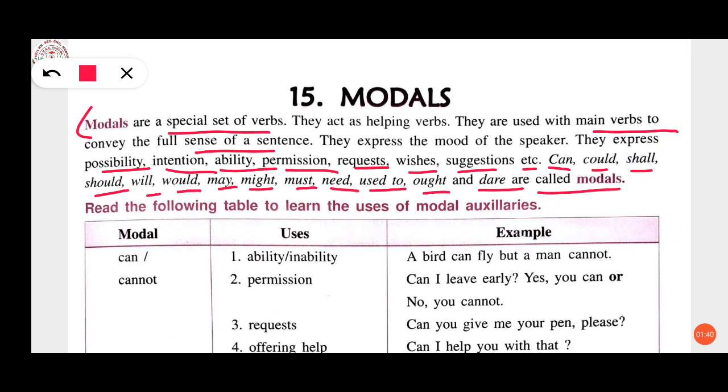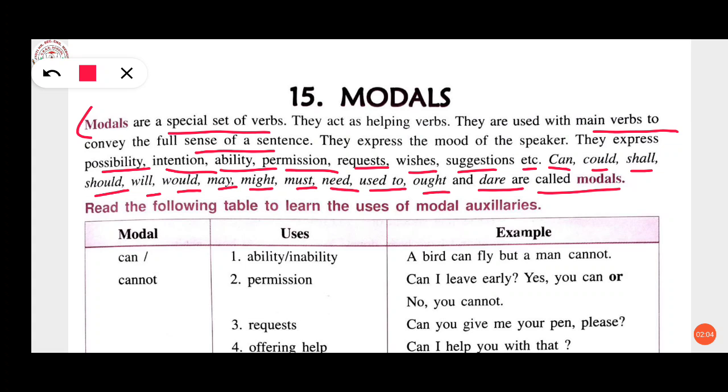So with the main verbs we have to use modals so that we can convey the full sense of a sentence. Modal verbs always accompany the base form of another verb having some content.